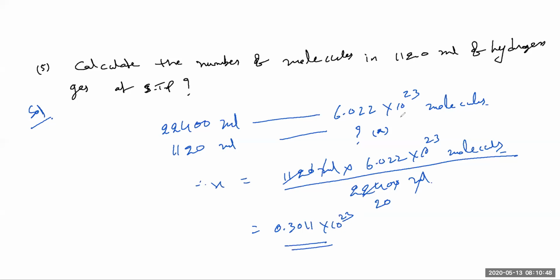Correct now? Yeah, otherwise 3.01 into 10 power 22 also added. It's not an issue. We can take this 3.011 into 10 power 22.